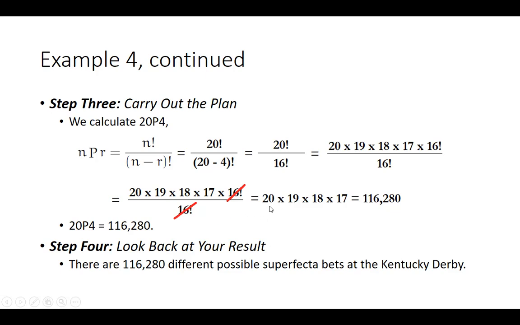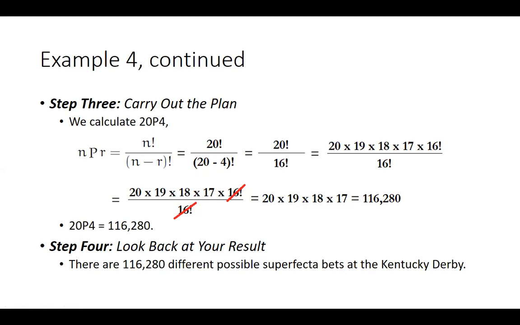That just leaves us with 20 times 19 times 18 times 17, which is 116,280. Or if you use the calculator's permutation function to do 20P4 directly, you would get the 116,280 without having to do the intermediate calculation.